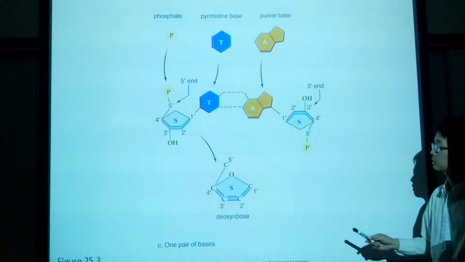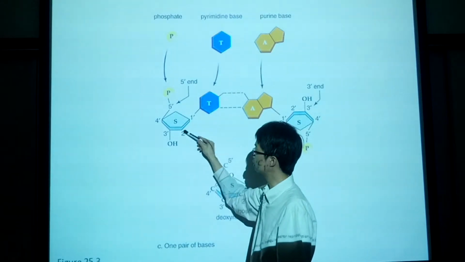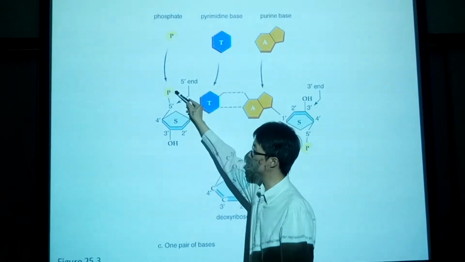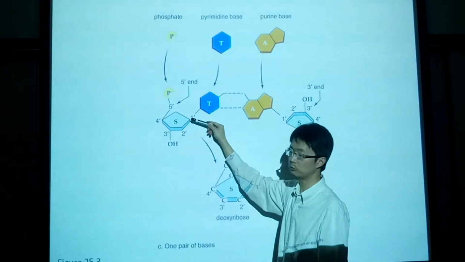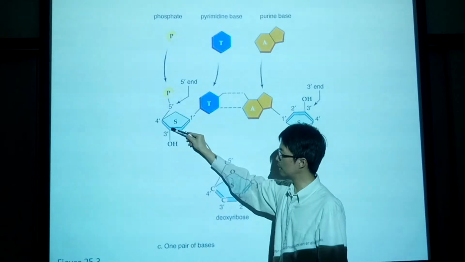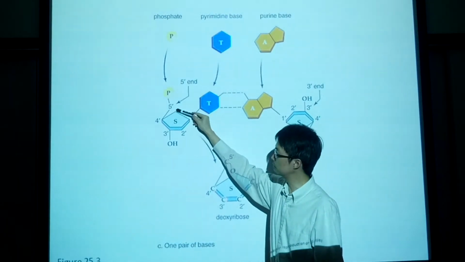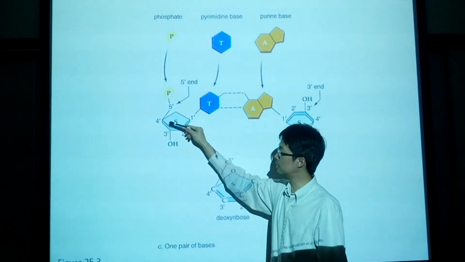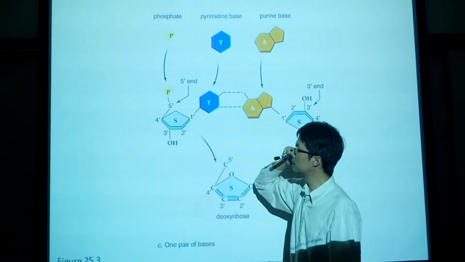You see that this is a pentose sugar, this is a nitrogenous base, and this is a phosphate group. We can number the carbon atoms: carbon atom 1, 2, 3, 4, and 5 here. This is not a carbon atom, this is an oxygen here. So we number the carbon atoms 1 prime, 2 prime, 3 prime, 4 prime, 5 prime.